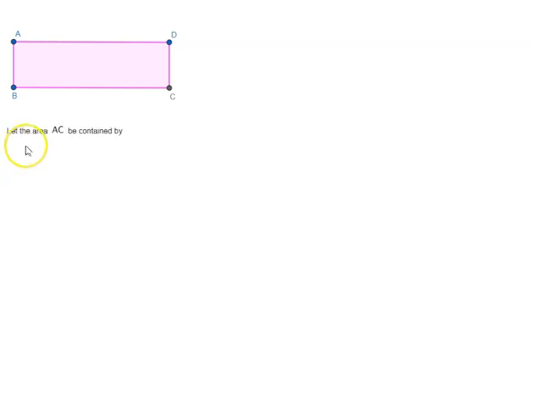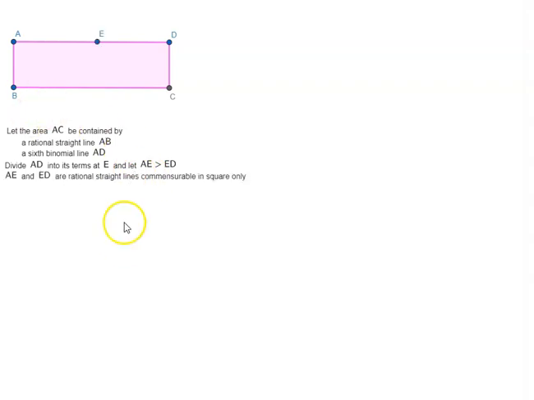Okay, let the area AC be contained by a rational straight line AB and a sixth binomial line AD. Divide AD into its terms at E so that AE is greater than ED.